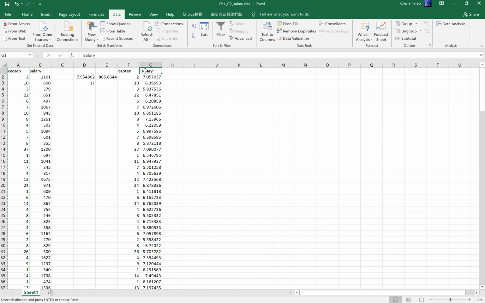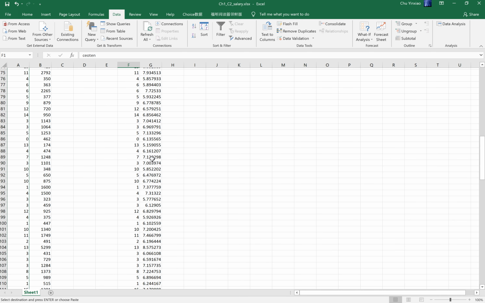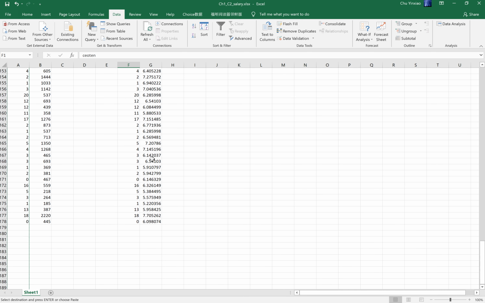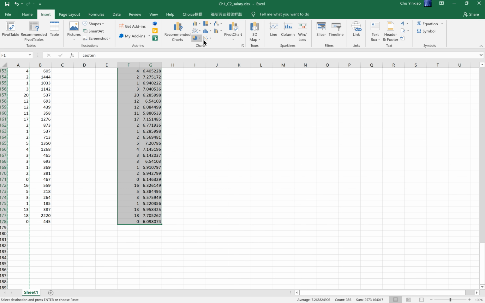So we have two columns of data adjacent to each other, so that we can draw the graph and look at the results of simple linear regression. So we can do the simple linear regression by choosing these two columns and inserting the scatter plot.